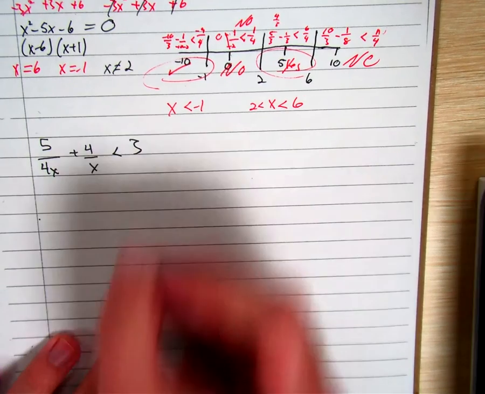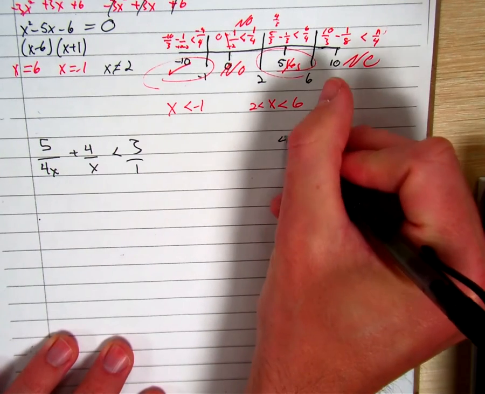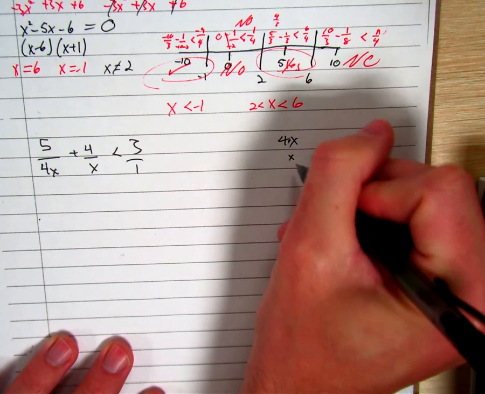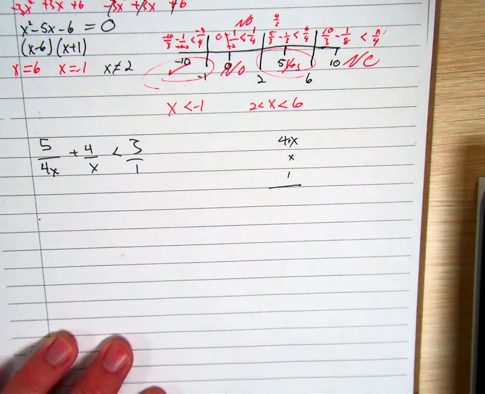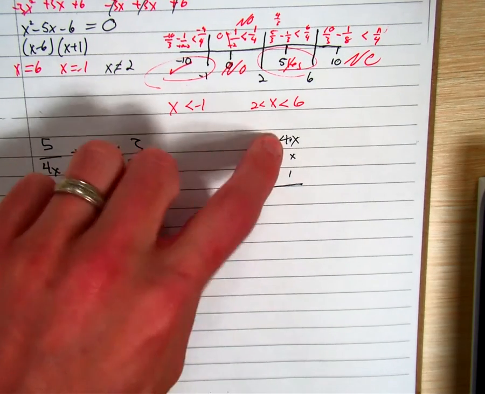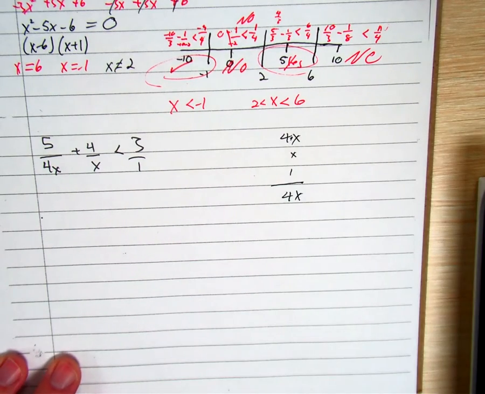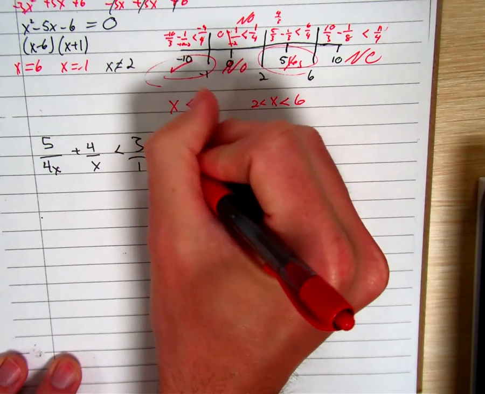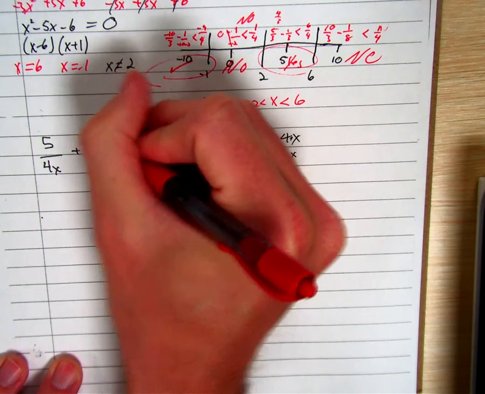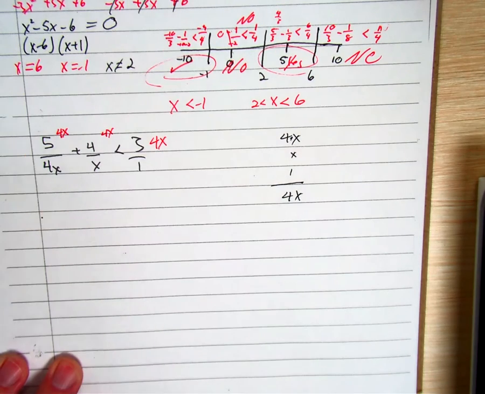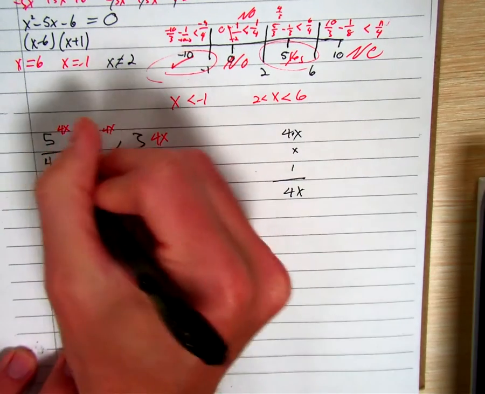All right, so let's see how we did. So our denominators are 4x, x, and 1. So piece of cake here. We're going to just be using 4x. So if I multiply everything on both sides by 4x, what's going to happen?